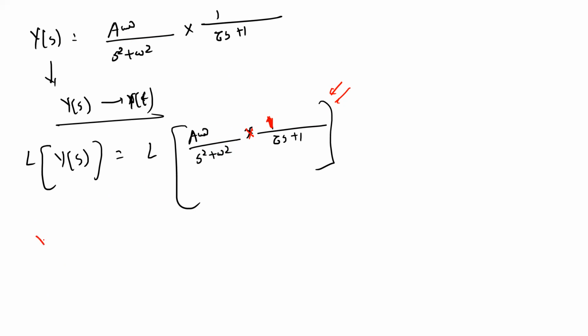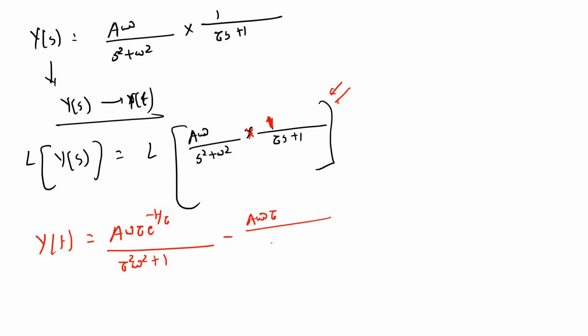So I'm directly writing here your y(t), that is equal to A omega tau e to the power minus t by tau divided by tau square omega square plus 1, minus A omega tau divided by tau square omega square plus 1 times cos omega t, plus A upon tau square omega square plus 1 times sine omega t.